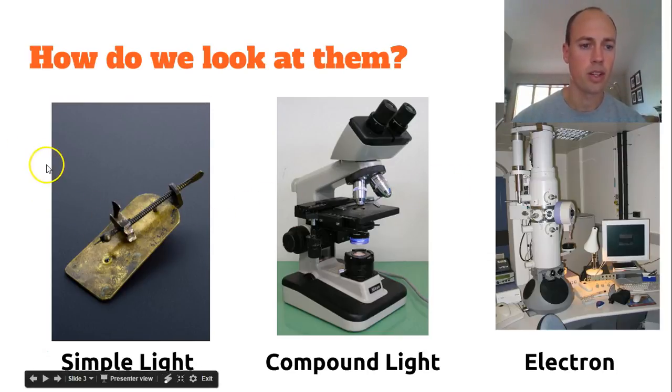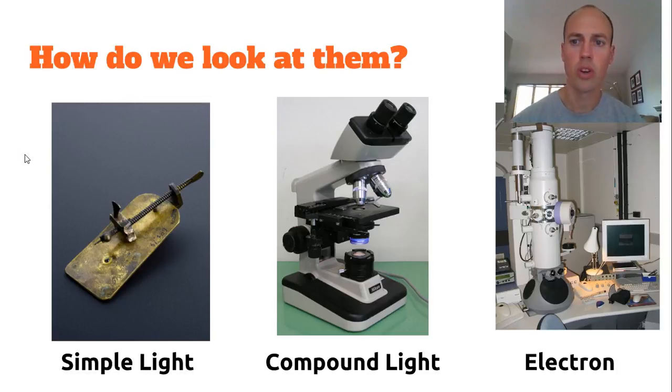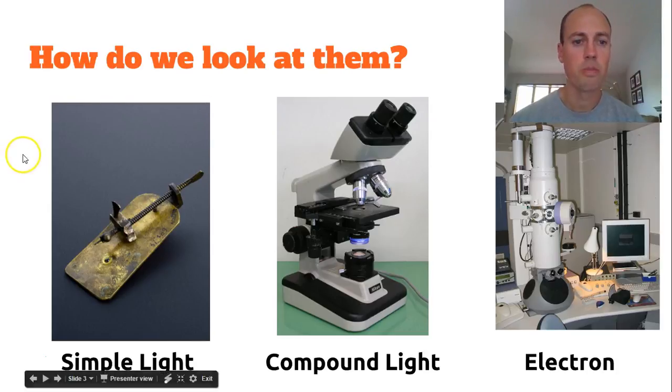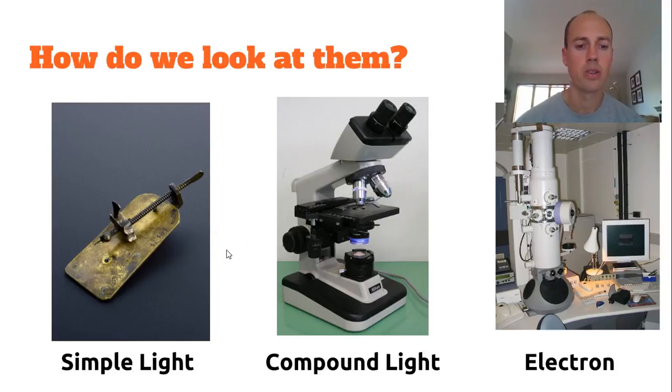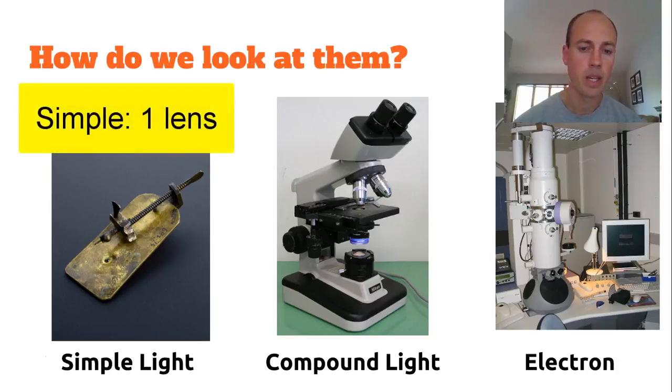At the start, Robert Hooke and Anton von Leeuwenhoek were able to make these tools called microscopes. And they started out looking a little more like this, like a simple light microscope. Simple in the fact that it only has one lens.